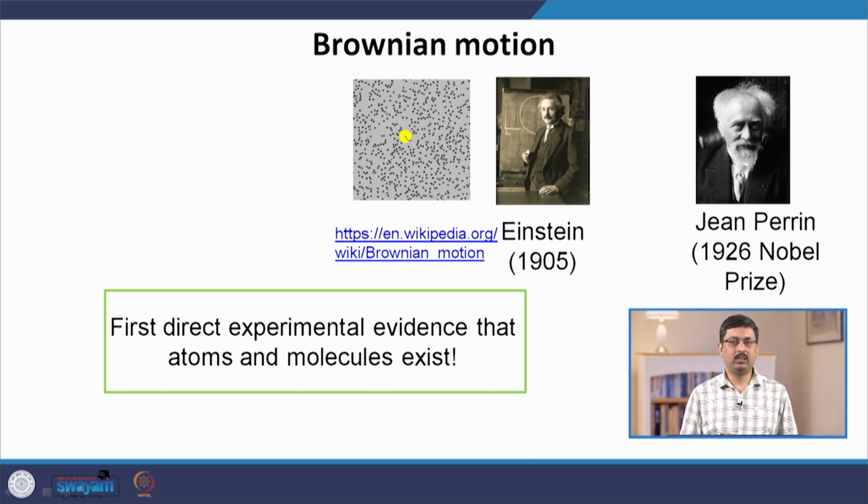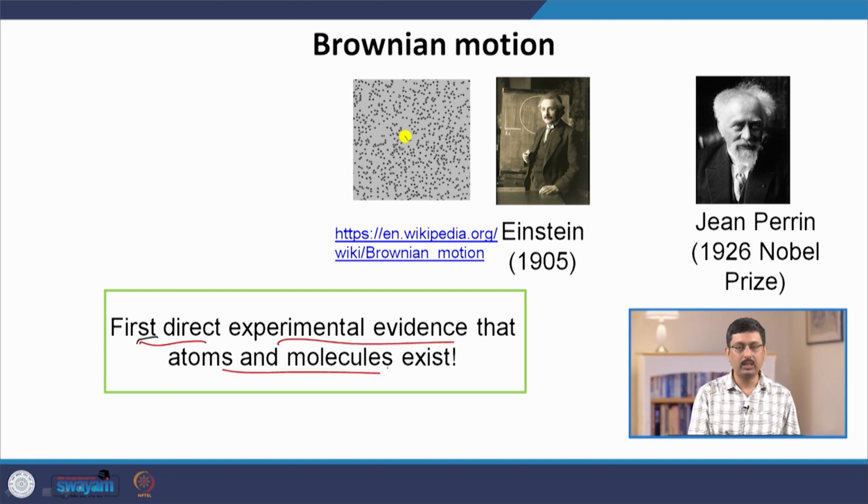The significance of Einstein's theory and Perrin's experiments is that this is the first direct experimental evidence that atoms and molecules exist. Even though it was proposed long before by chemists, physicists in the 19th century did not really believe that atoms exist.